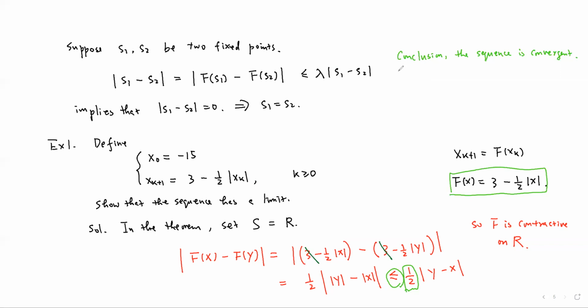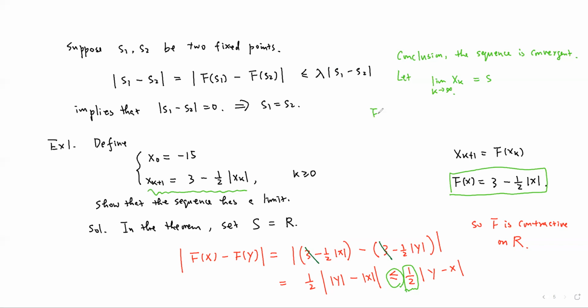Suppose that as k approaches infinity, the limit is s. Now I want to determine s. How to determine s from this equation?